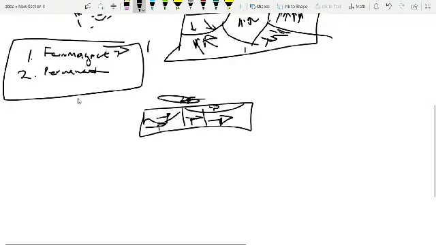Now, the ferromagnets are the magnets they use when they make cars nowadays, right? They use them to make sure that these cars brake faster.